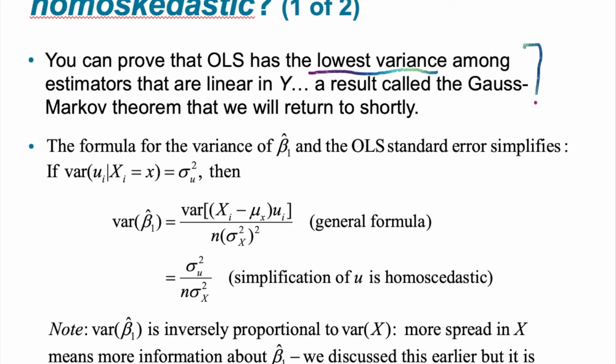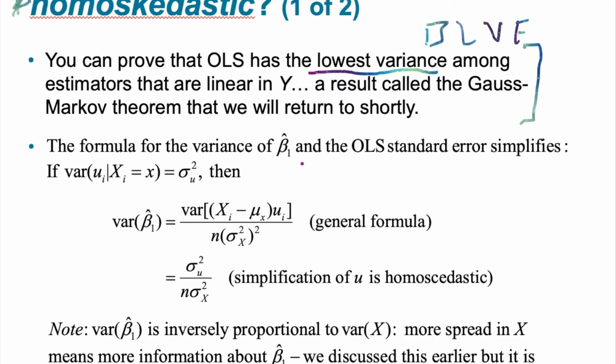But this is a very important result that shows that OLS is the best linear unbiased estimator, given that the assumptions are satisfied. And we will come back to that.